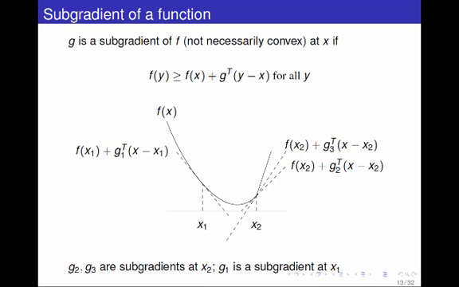At this point x2, we can't define a gradient for the function, but we can define a subgradient. So at this point, the function has a kink, its slope changes abruptly, and the subgradient is any slope that, if we change around the hyperplane, is still under approximating the function. Okay, that's the definition.